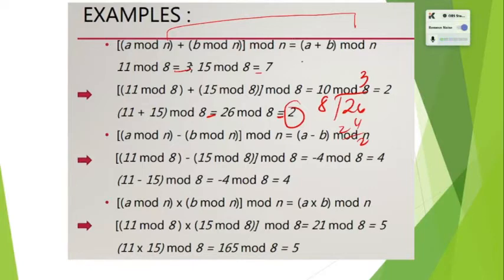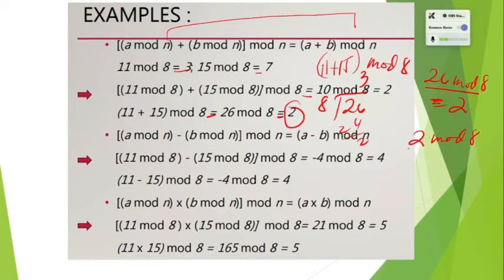So, ang ginawa niya, ito, is identical to 11 plus 15 mod 8. Okay? Then, that's 26 mod 8. Then, kinuha na naman niya yung mod nito para makuha niya yung identical value niya. Okay? So, that is 26 divided by 8. That is 2. So, 2 mod 8 is 2. So, yan yung equivalent mod niya. Kaya may 2 sa gilid.